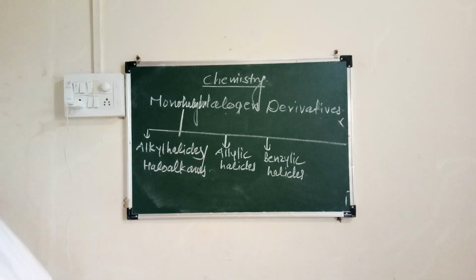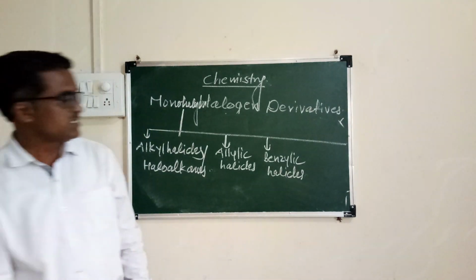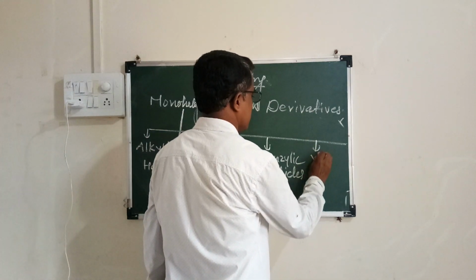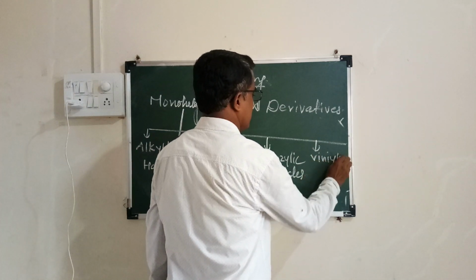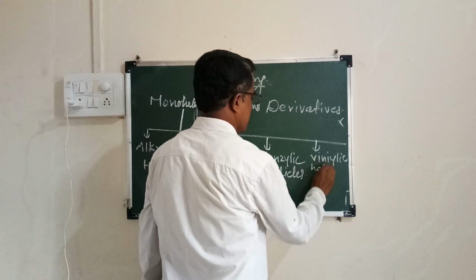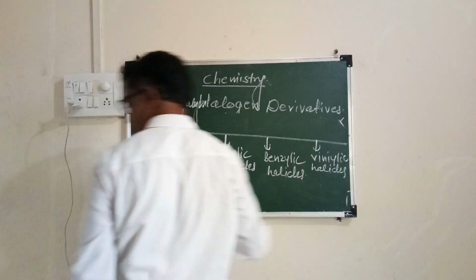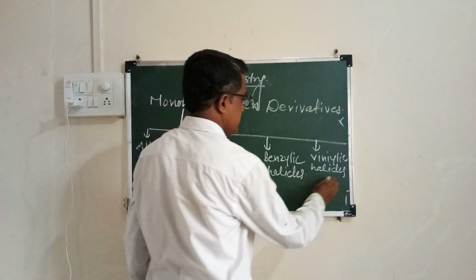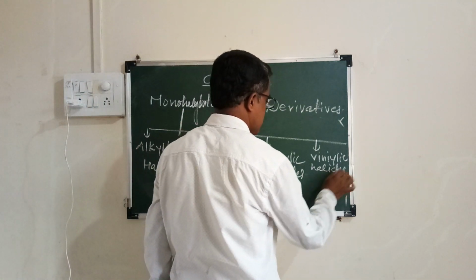Benzylic halides. Fourth one is the phenylic halides, or haloalkanes. It is also known as the haloalkanes.